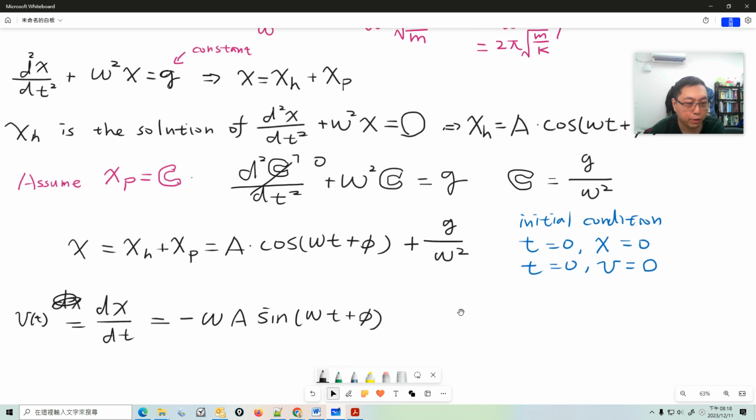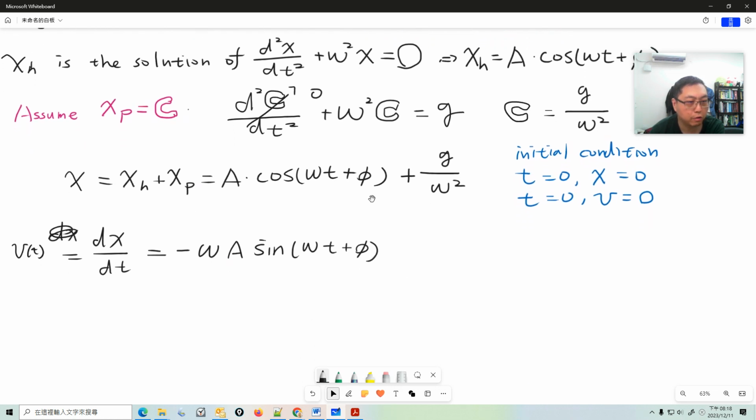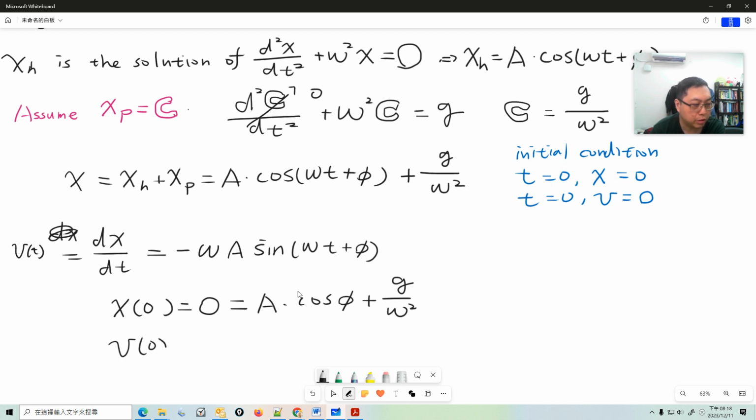So we have the position function and the velocity function. Let's put in the initial condition: at t equals 0, x equals 0. Plugging in, we have a times cosine phi plus g over omega squared. And at the initial position, velocity is also 0.